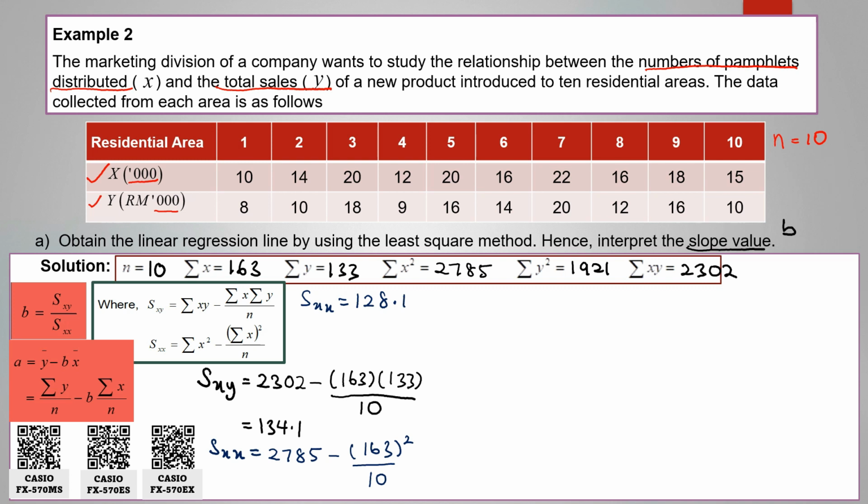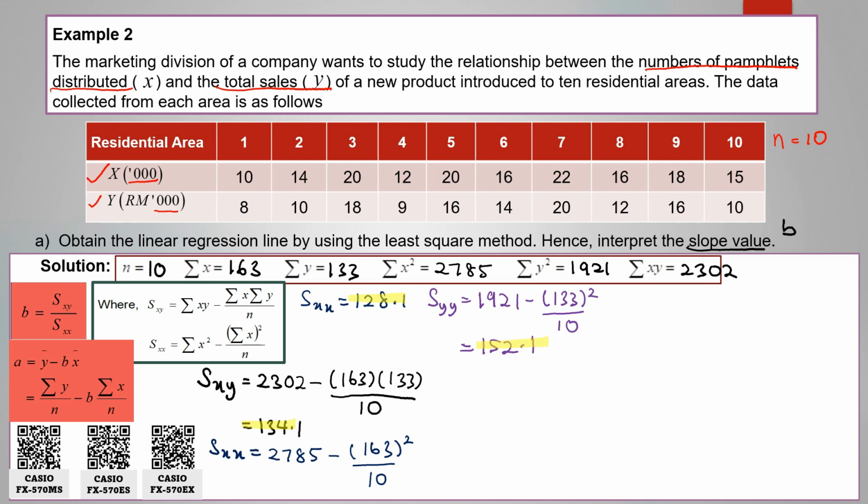And then we proceed with Syy equals 1921 minus 133 squared divided by 10. Your Syy would be equal to 152.1. So you already have the values of Sxy, Sxx, and Syy.